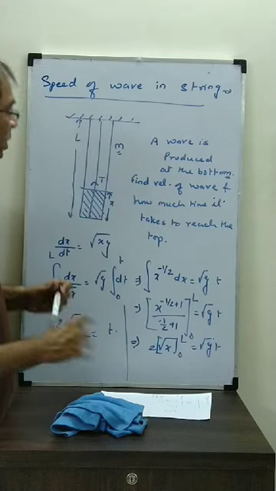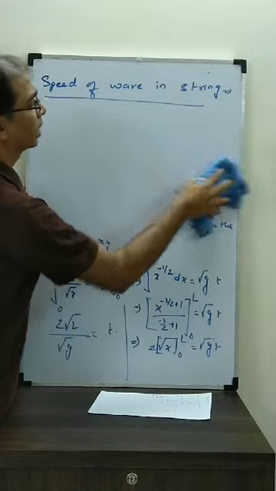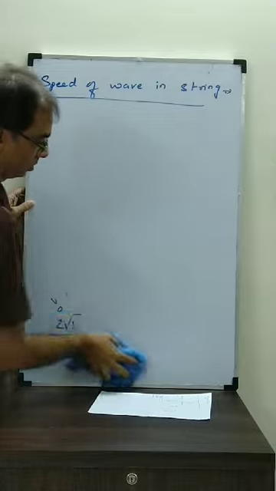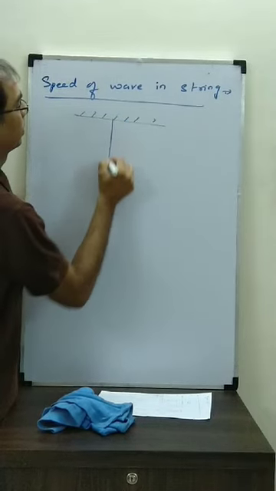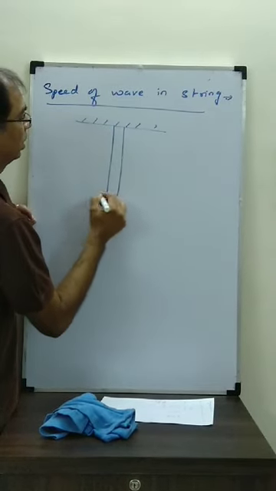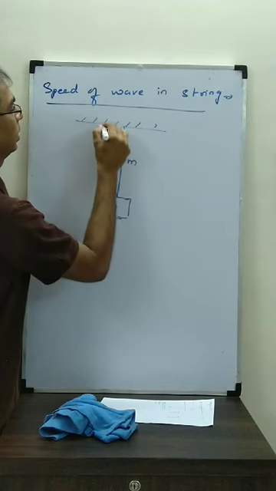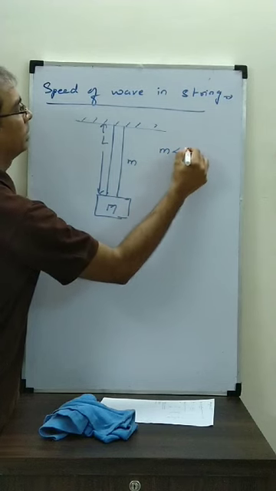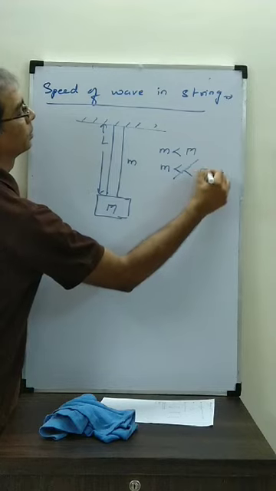The third type will be when there is a mass also hanging and the string also has considerable mass. In that case, it will be something like this: the string and then the mass. This is m, and this is L. This mass m may be less than the string mass M, but not very much less.